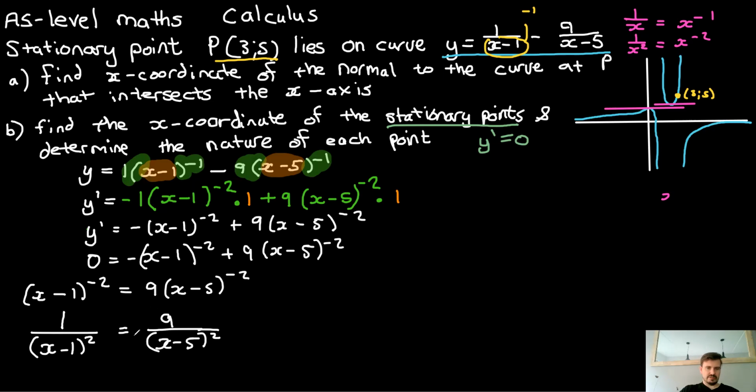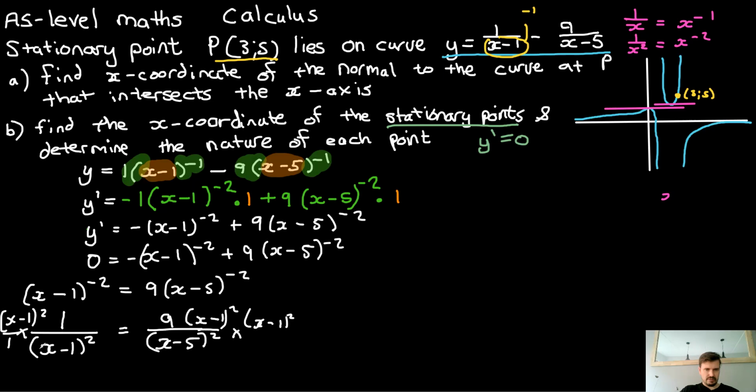Now what I can do is essentially times both sides by (x minus 1) squared. In other words, if I times this side by (x minus 1) squared over 1, do you see that the (x minus 1) squareds would cancel? And I could then put an x, when I times this side by (x minus 1) squared, I would have 9(x minus 1) squared.